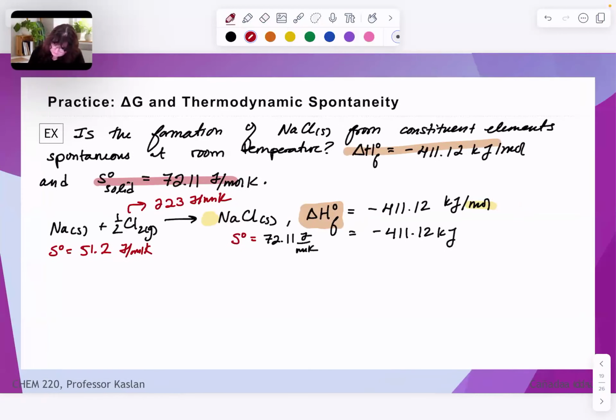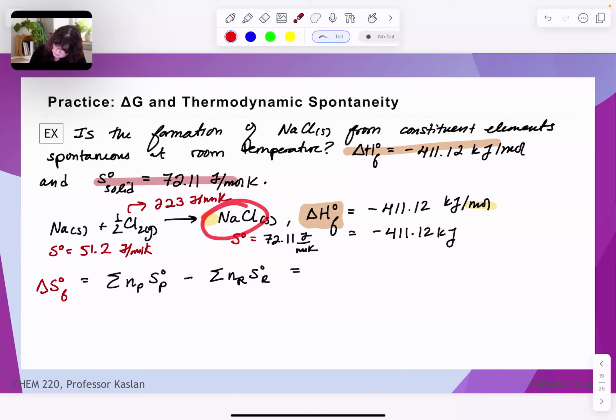If I want to figure out delta S of the formation of this solid, this would be the sum of the moles of product times the standard entropy of the product, minus the moles of reactant times the standard entropy of the reactants. So in our case, our product, we formed 1 mole by design.